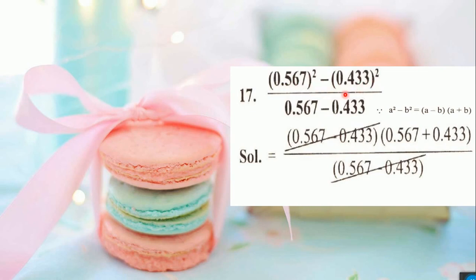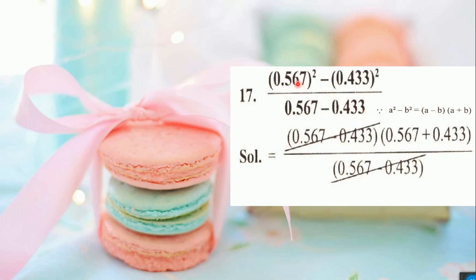In a numerator, a square minus b square form is given, already given. But in a denominator, the subtraction of two numbers is given, that is 0.567 minus 0.433.